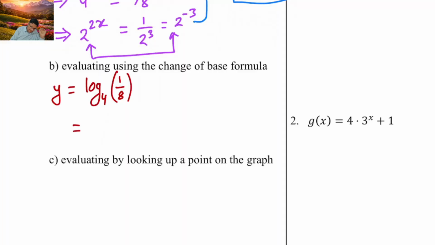You can write this as log with any base of 1 over 8 divided by log of 4, with any base. So I'm going to write base 2, obviously, because it's easy to express 1 over 8 and 4 in terms of 2. Same idea that we used in solving the exponential earlier. These are just different ways of writing. Fundamentals are the same.